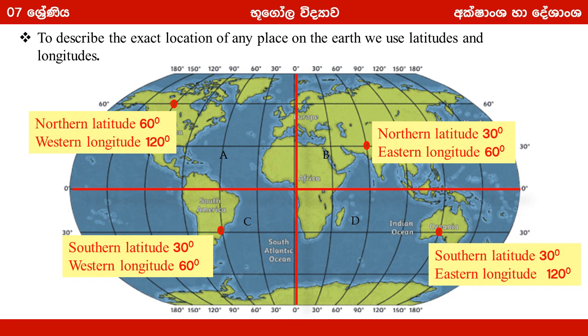Similarly, to describe the location of the places in part C, we use southern latitudes and the western longitudes. And also, to describe the position of the places in part D, we use southern latitudes and eastern longitudes.